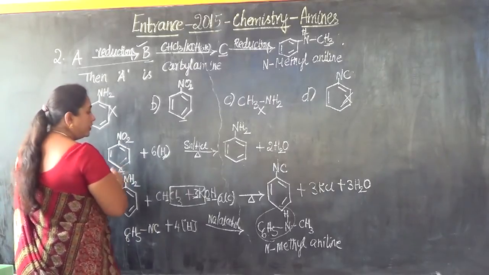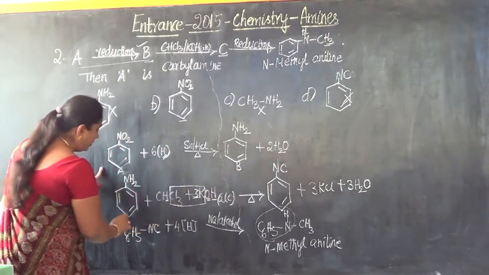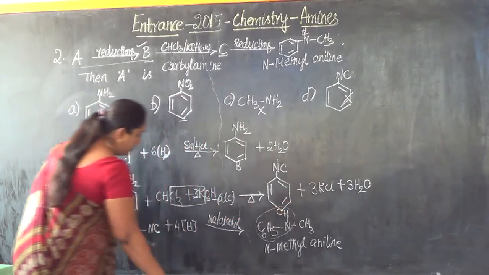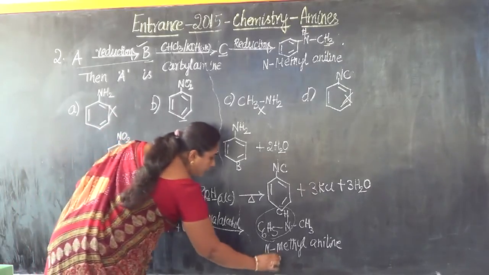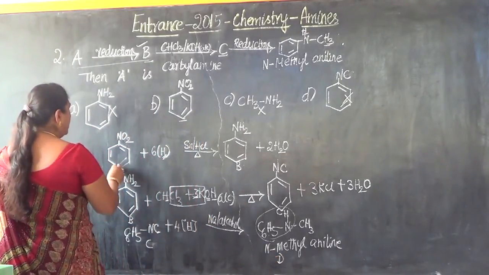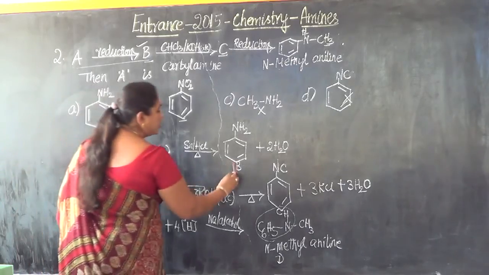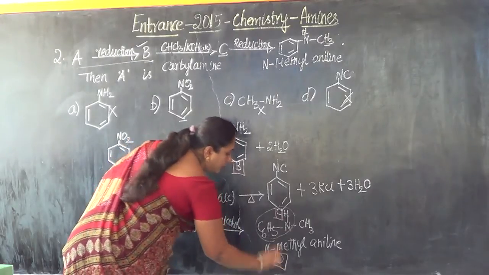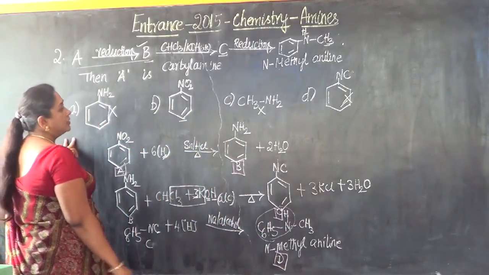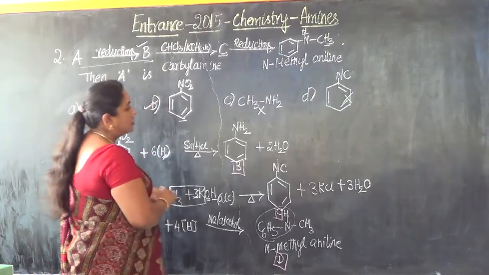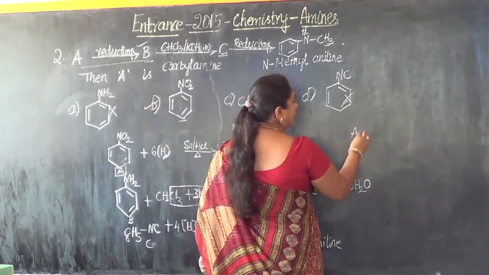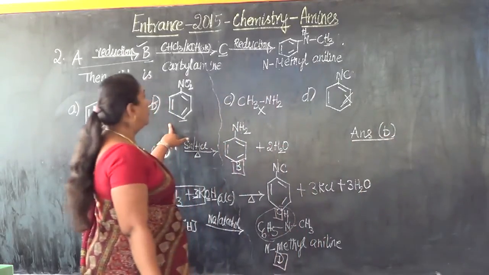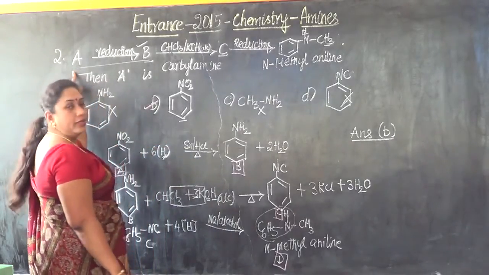See, this is our A giving us B, B reacting to give us C, and then C reacting to give D. So definitely A is nitrobenzene. What is the correct answer? For this question, the correct answer is B, nitrobenzene, our starting material A.